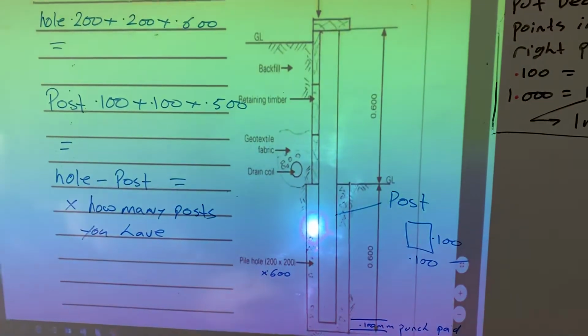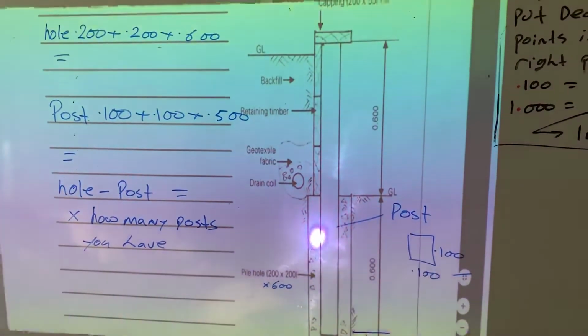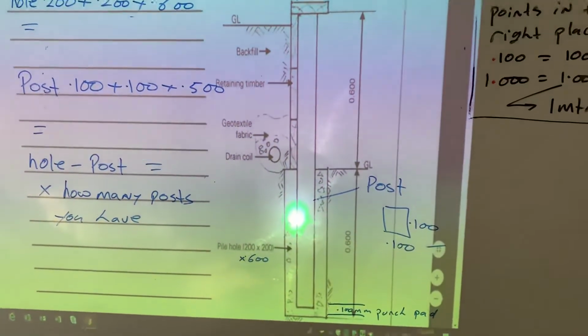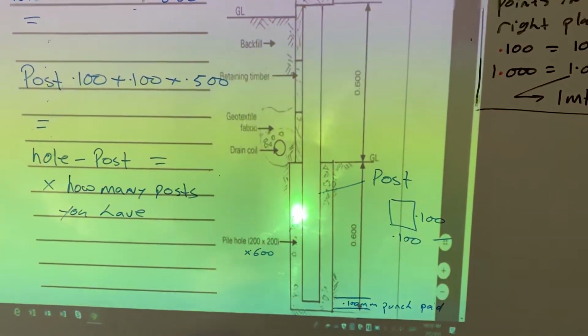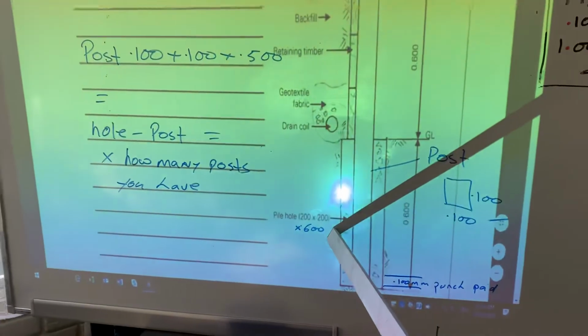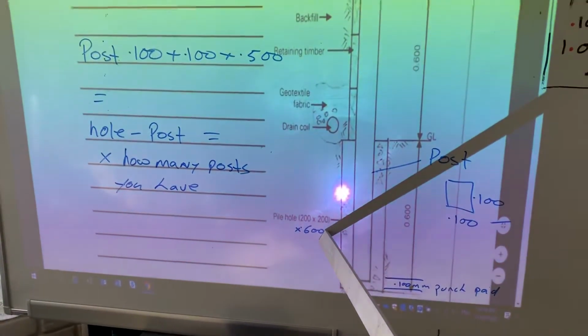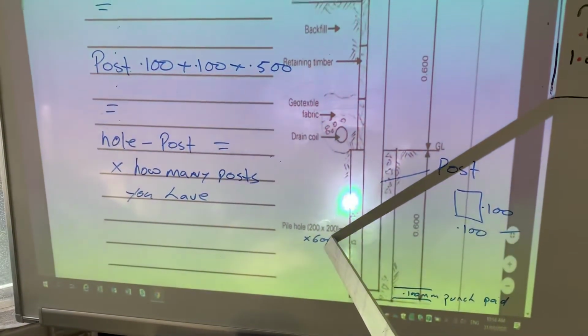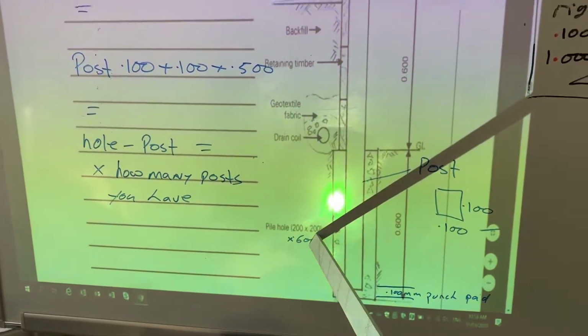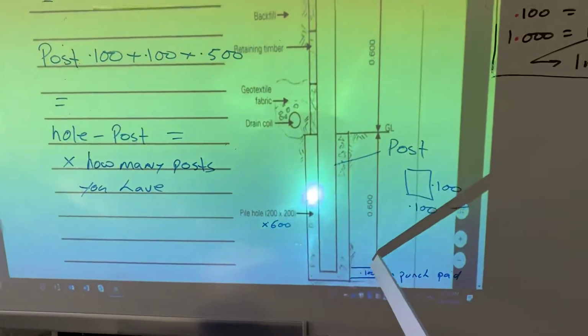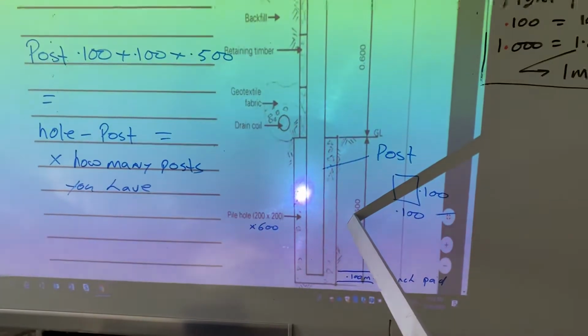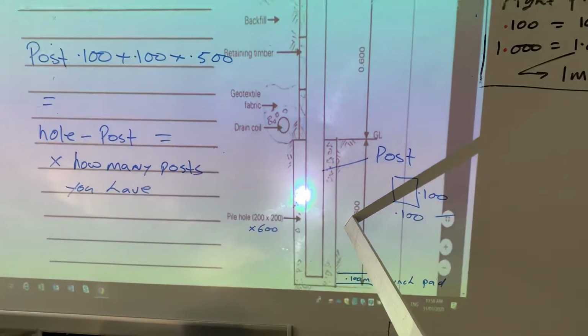Okay, 24361, question 3. The thing you need to pick up on is that this hole is 200 by 200 square. It's not a round hole, it's a square hole. So it's 200 by 200 square, and it's 600 deep. Okay?